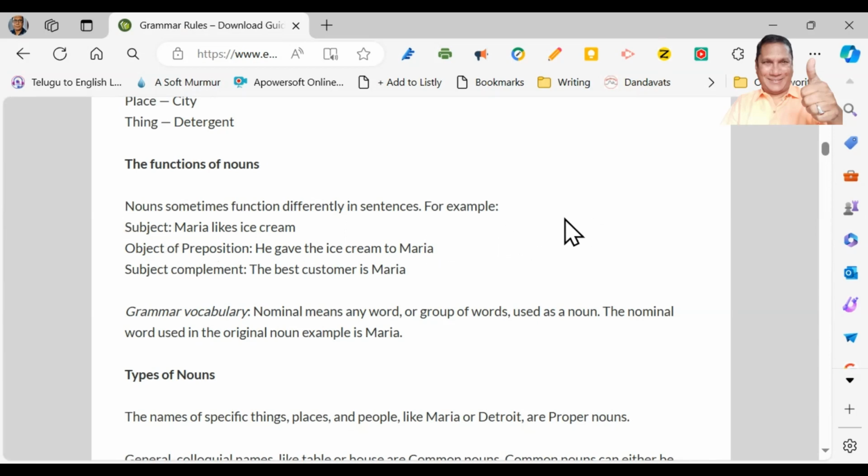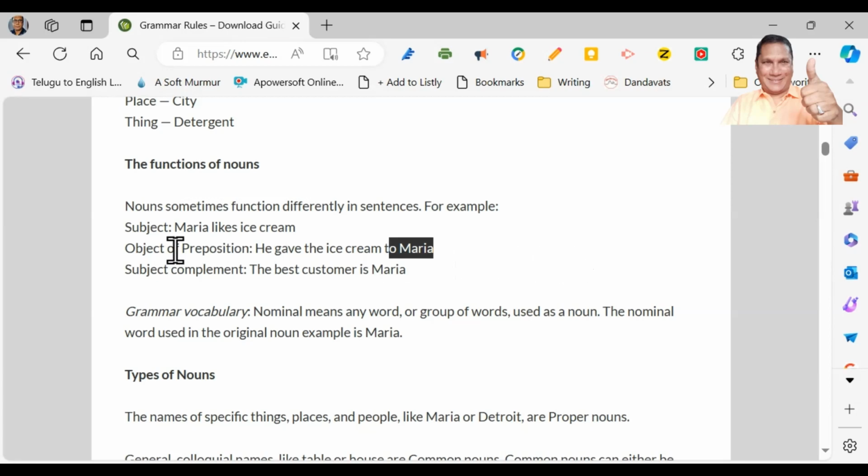Object of preposition. What is an object of preposition? There is one part of speech called preposition, and a preposition needs an object. And here, he gave the ice cream to Maria. The ice cream was given to whom? Maria.